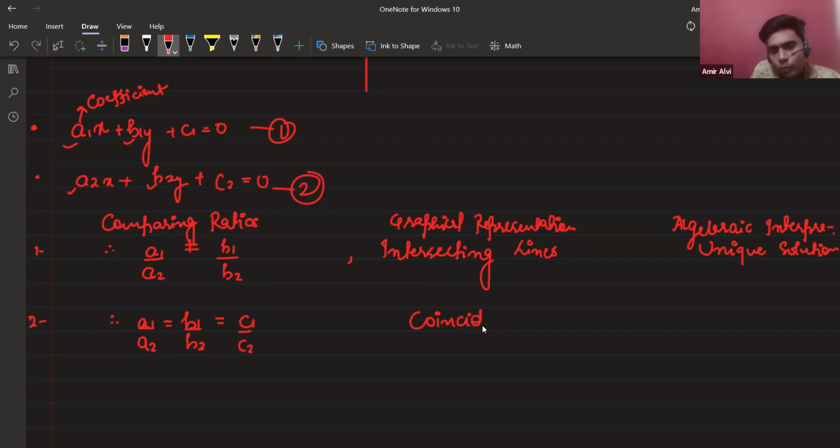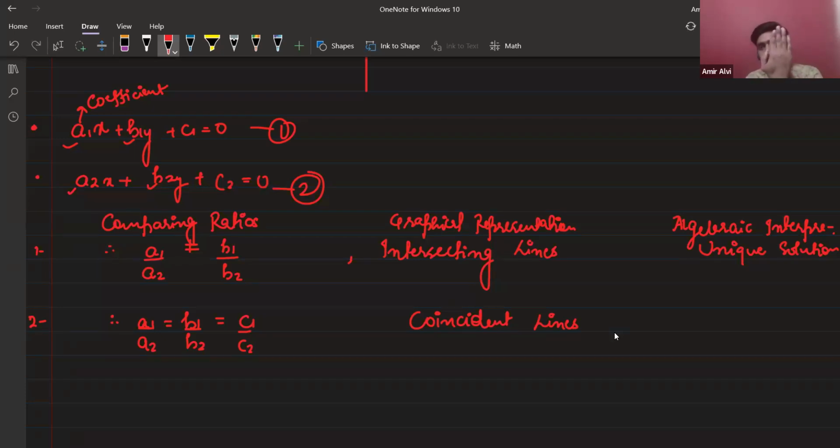Can anybody tell me what coincident lines are? One line is above the other line. Very good. Suppose this is my hand. If I put my hand here, is my hand visible? Only one hand is visible to you, yes or no? Which means that my hand is completely coinciding with the other hand, like a copy of this hand.